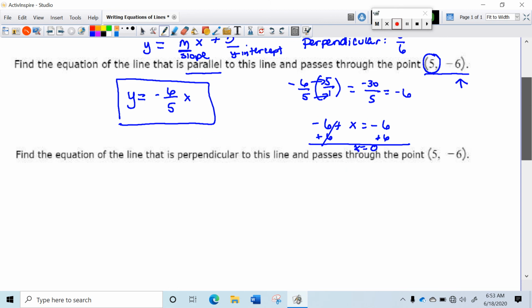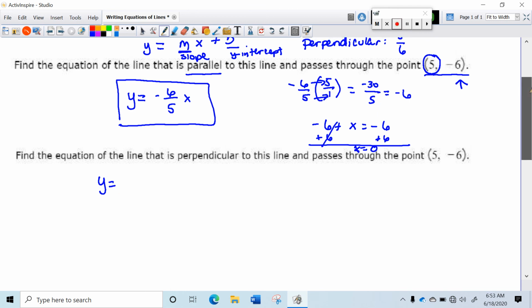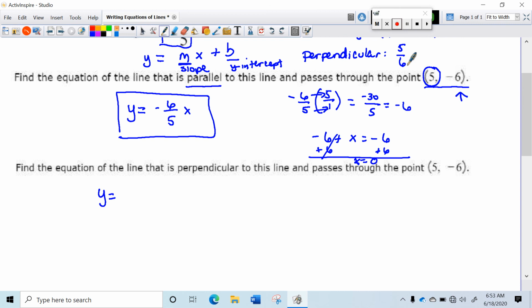The perpendicular line, we said the perpendicular slope was 5/6 x.